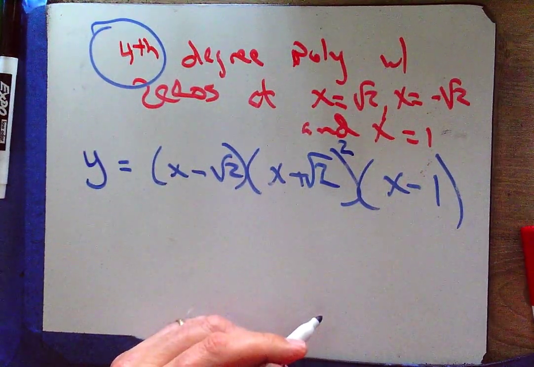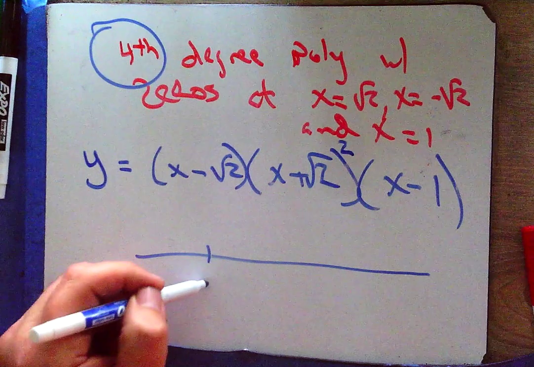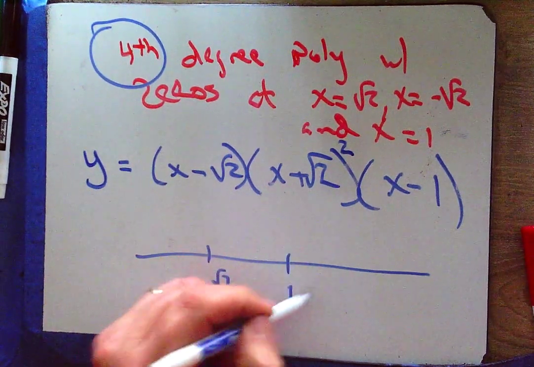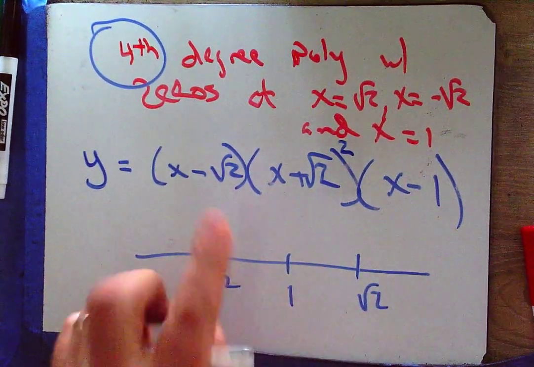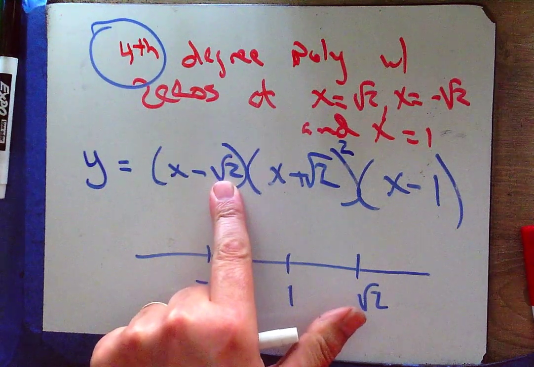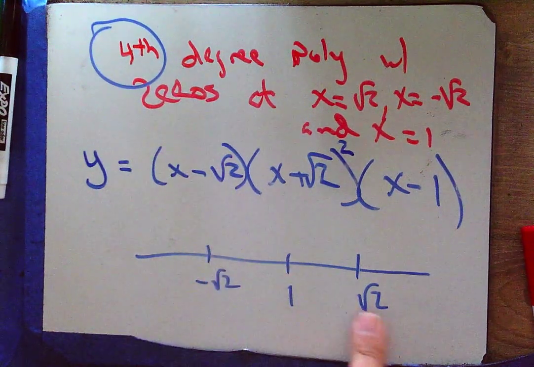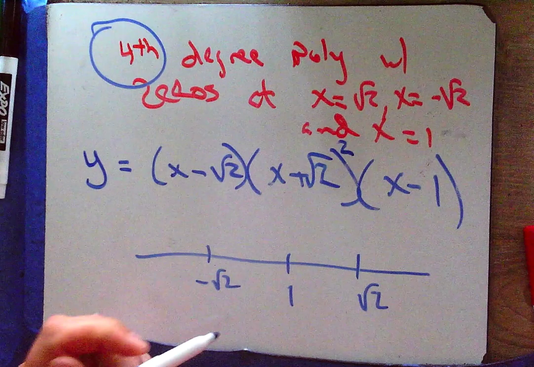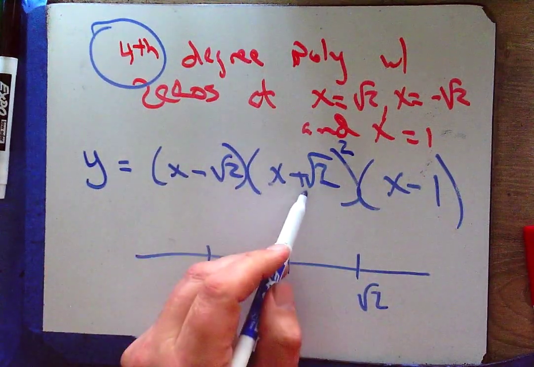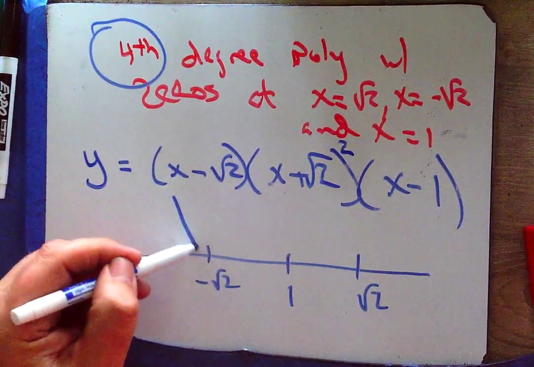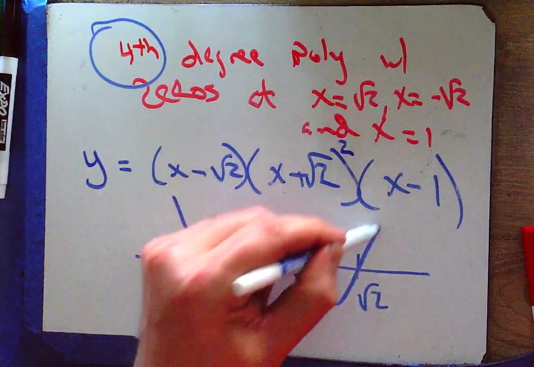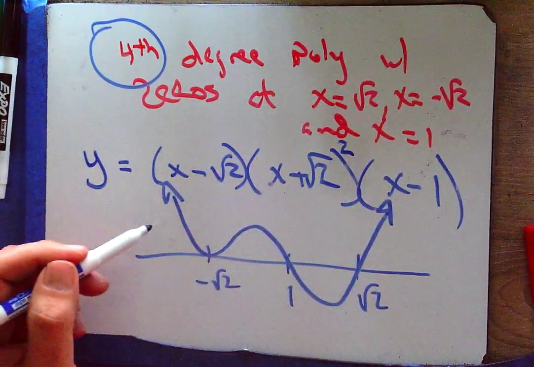Well, that's still going to be x squared times x, it's still going to be x to the 4th. And from a graphing perspective, negative root 2, 1, and root 2. This is a number between 1 and 2, bigger than 1. So this is bigger than 1. And in this situation, I'm bouncing at negative root 2, passing through at 1, and passing through at positive root 2.